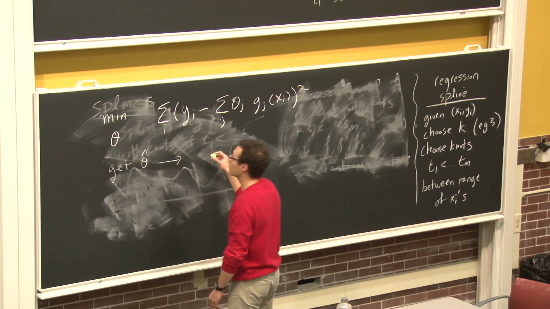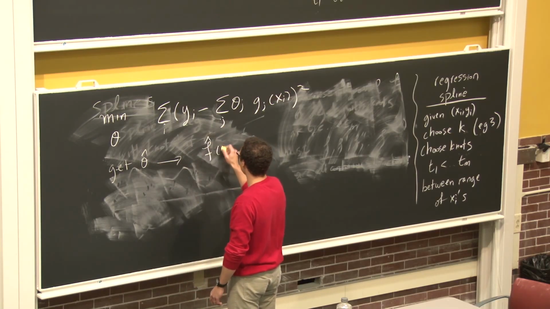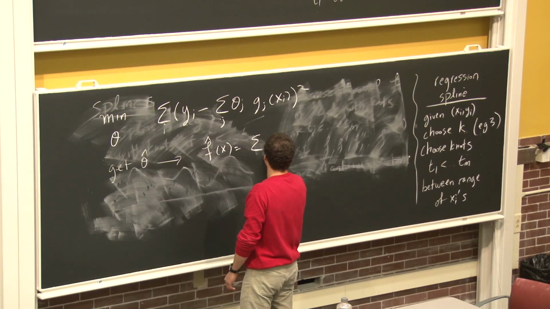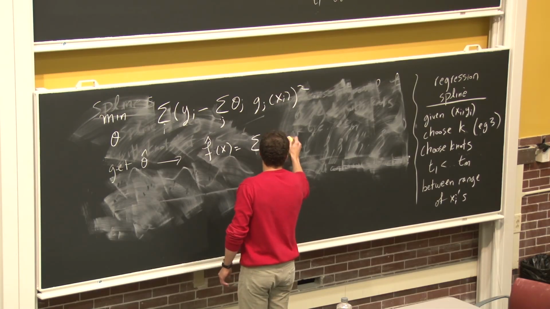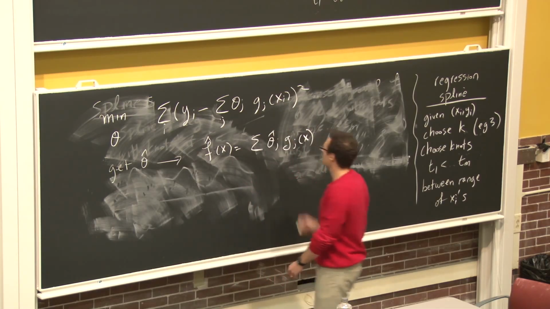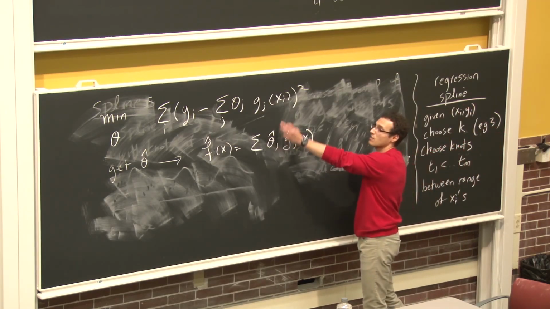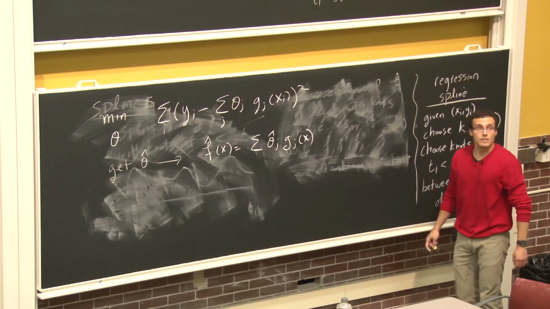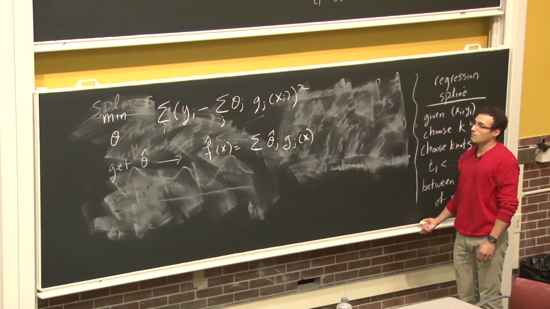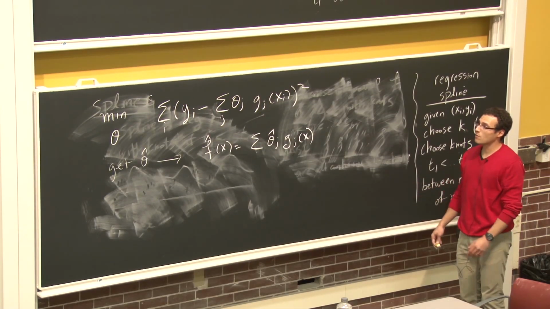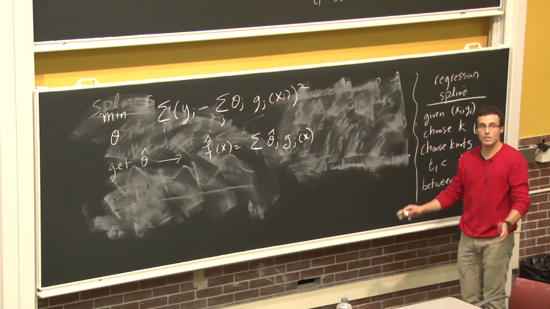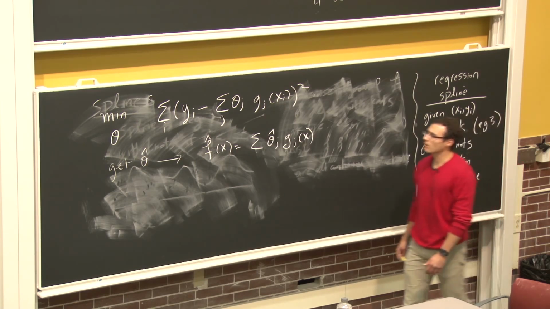And that's going to give me this function called f hat. That's my regression spline. Just take the coefficients that minimize this. Hopefully that is familiar, at least from the perspective of linear regression or just least squares regression.